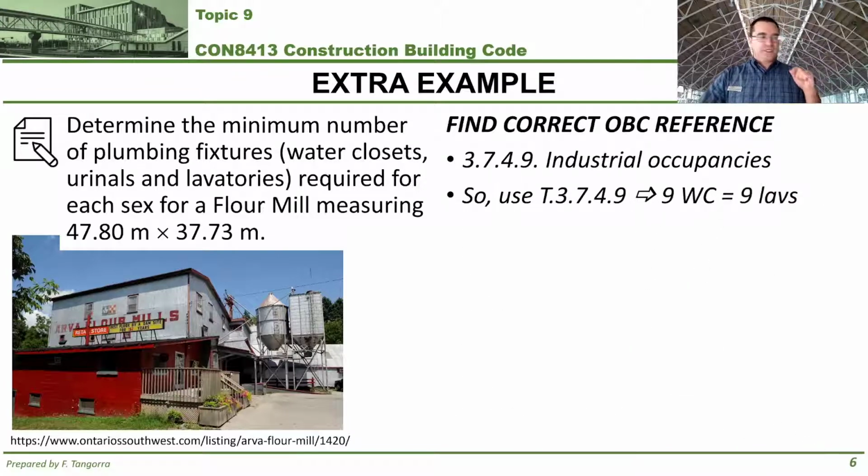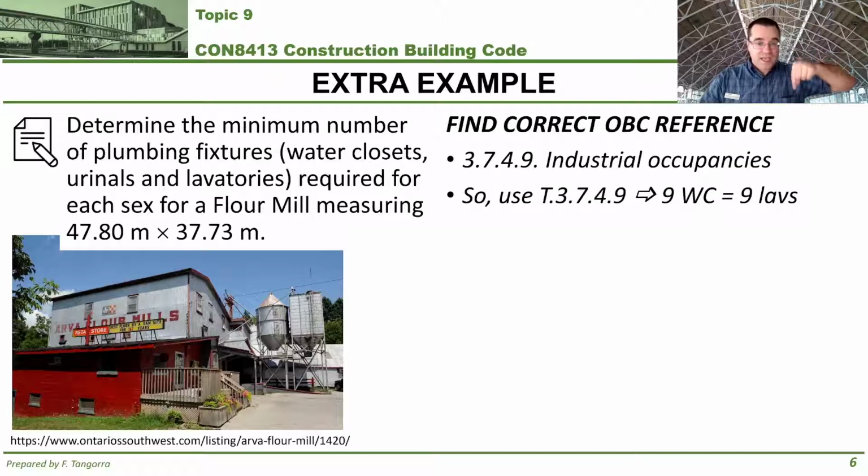So now that we know that it's going to be 9 water closets, we also know how many lavatories it's going to be. And that's because if you look carefully at our table, because you read the whole thing in the table, see at the top of the table how it explains that not only do you get the number of water closets from it, but also the number of lavatories from it.